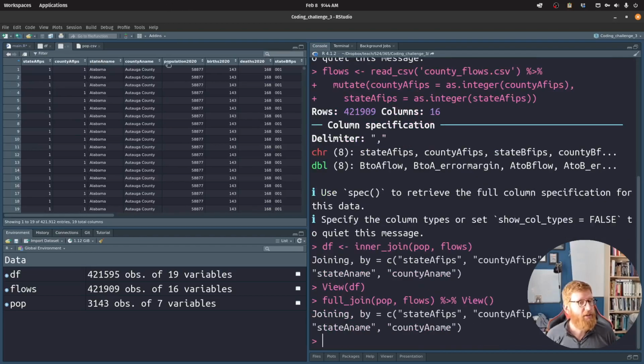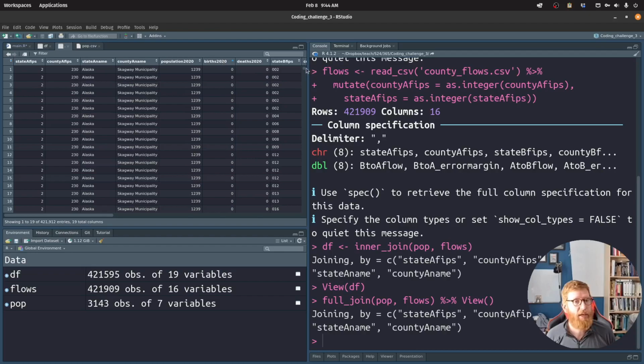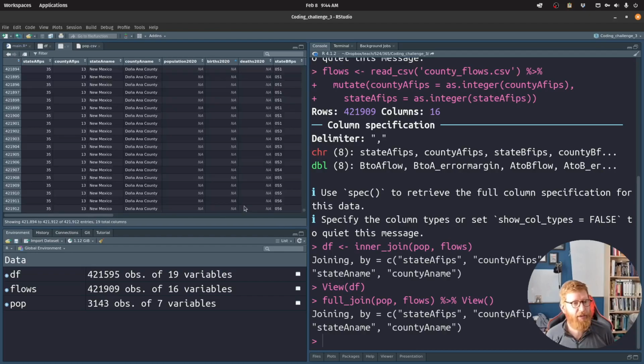And what have we got? Let's sort by something, scroll way down, and we got a whole bunch of NAs, in this case, population, births, and deaths. So it's looking at Doña Ana County in New Mexico, and it's saying we don't see the population data.